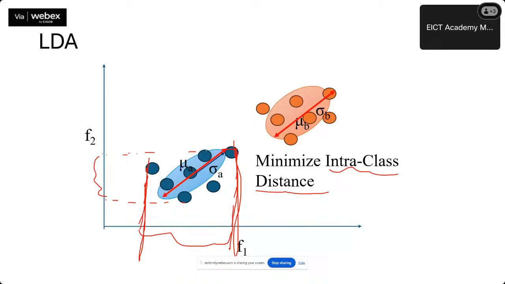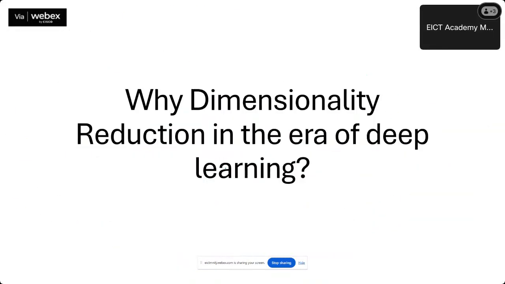I want to maximize this distance, that is mu b minus mu a, the whole square. Don't take the square very seriously, because mu a and mu b are D cross 1 vectors. And I want to minimize sigma a square. Again, don't take it as a real number, it's a covariance matrix.